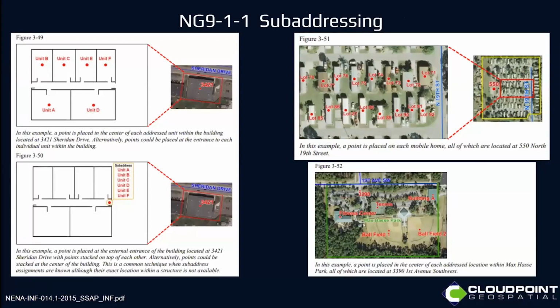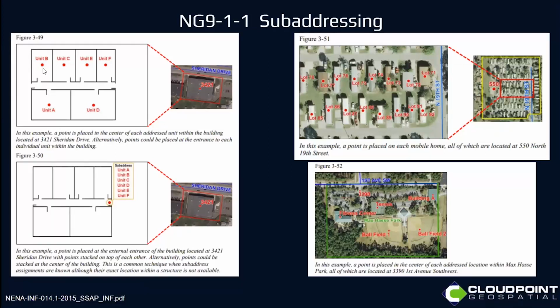So on the left, we have an address of 3421 Sheridan Drive, and we have a blown up picture of its unit layout. The sub address for this particular address could be placed within each unit, a centroid-based model. So we have unit B here in the upper left to showcase exactly where that unit is within the building.